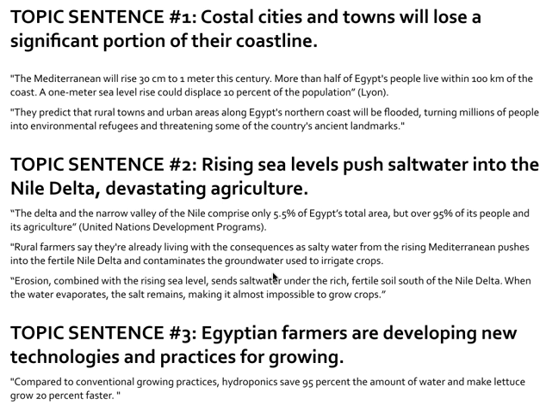I'm not quite sure which 2 I want to use yet, but these are 3 that fit my criteria for really good evidence. And then topic sentence number 3, "Egyptian farmers are developing new technologies and practices for growing." Notice I only have 1 piece of evidence right now for topic sentence 3. That's going to be something I'm going to need to find later. Right now I only had 1 that fit my criteria for really strong evidence.